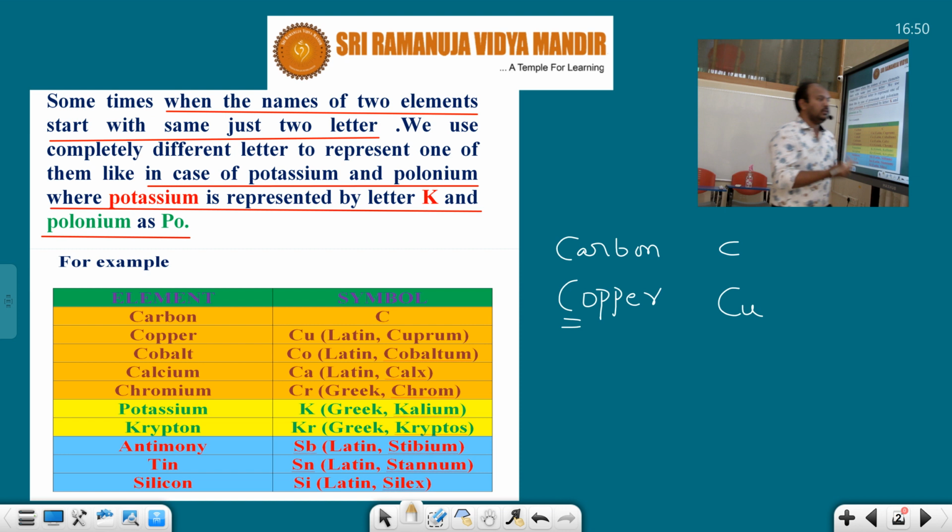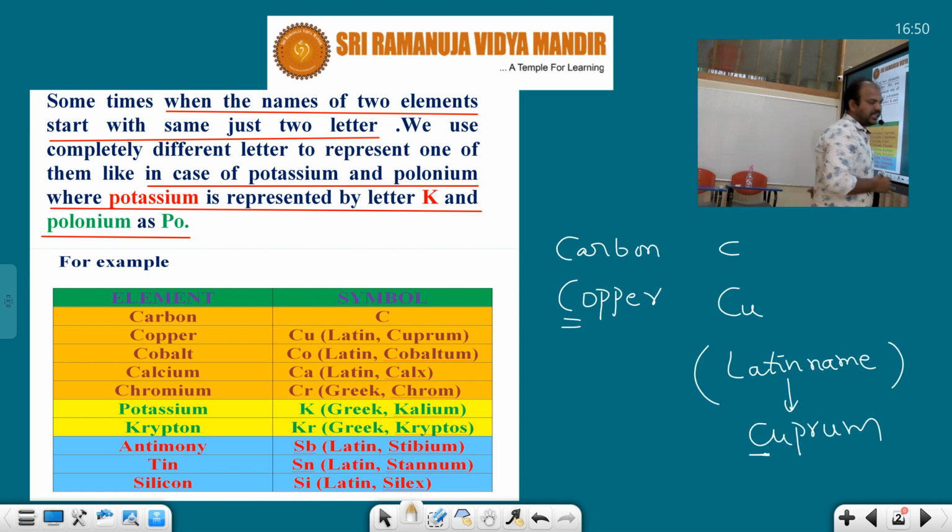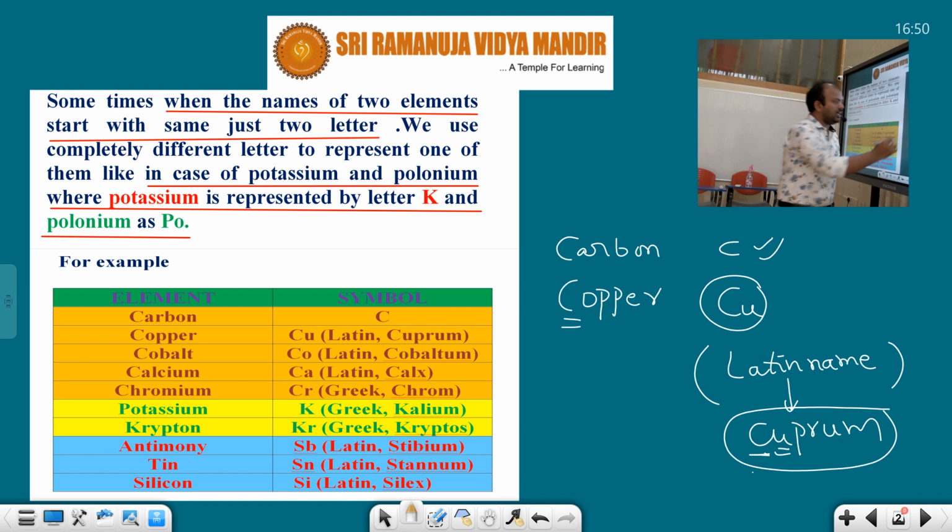The first letter is C, but we had already used C for carbon. The second letter is U. So copper is derived from the Latin name cuprum. The English name is copper, but the symbol is derived from the Latin name. We simply call it Cu.